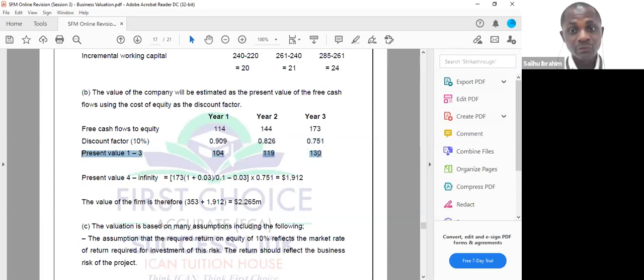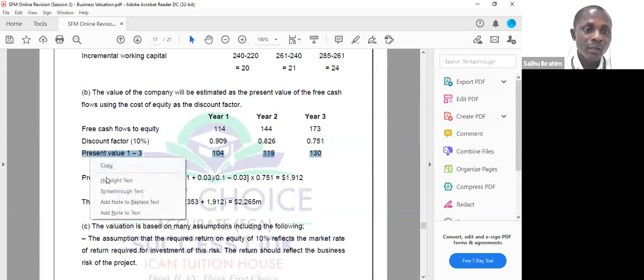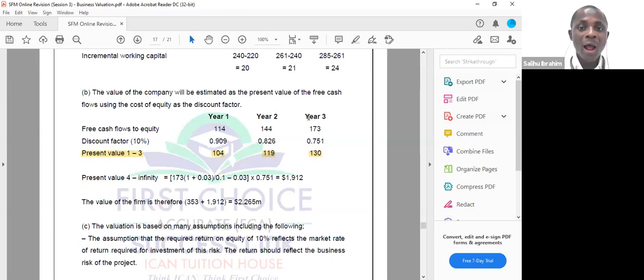That is very straightforward, right? Present value year 1 to 3 is what we have here. And then we now come to present value after year 3 to infinity. So after year 3 is year 4. From year 4 to infinity, what should be our present value of the expected free cash flow?